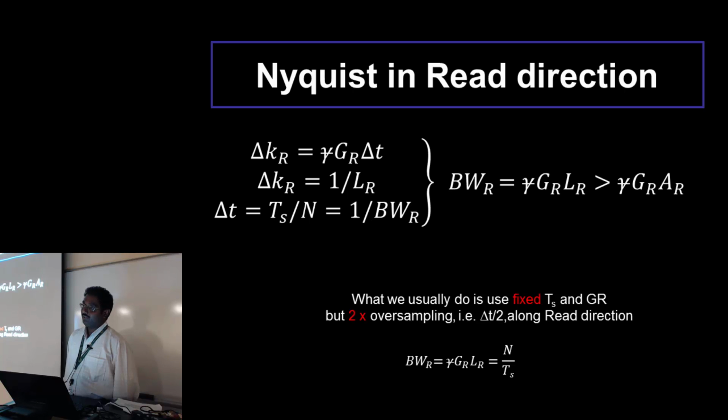If your field of view is still bigger than your object, then you don't need that oversampling. You won't be using it. Practically speaking, what's implemented is you would still reconstruct.